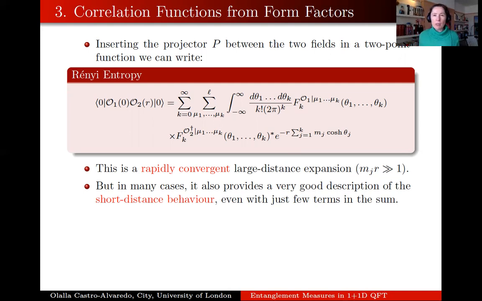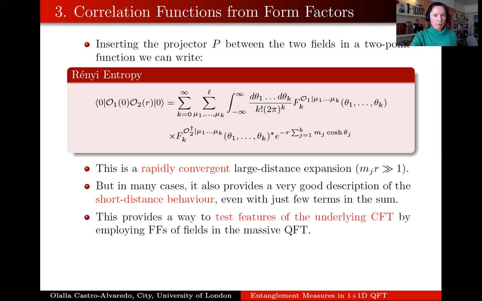What is a bit surprising is that this expansion often works very well even when mR is rather small. So it also gives a decent description of the short distance behavior, which, by the way, should be described by conformal field theory. This is the UV limit of an integrable model.